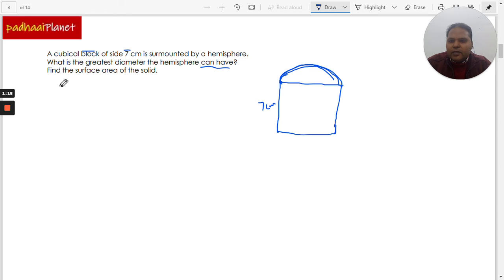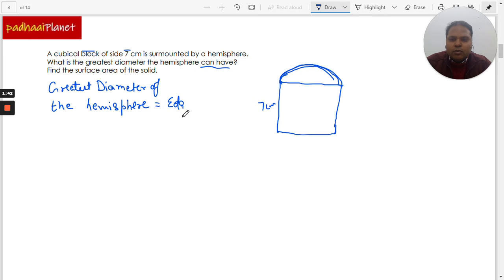So we can say that the greatest diameter of the hemisphere will be equal to the edge of the cube, right? And that means that will be equal to 7 centimeter, right? And now they are saying find out the surface area of the solid.